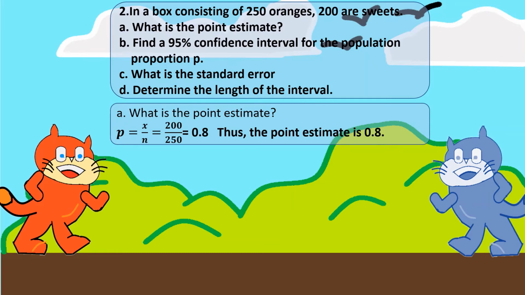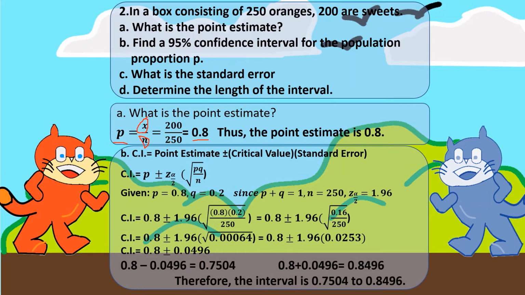To get the point estimate, we solve for P. The formula in getting P is X over n. So our X is 200 divided by 250. The answer is 0.8. Thus, the point estimate is 0.8.